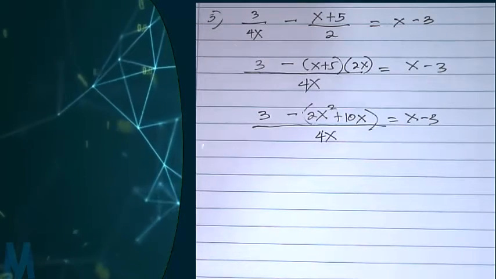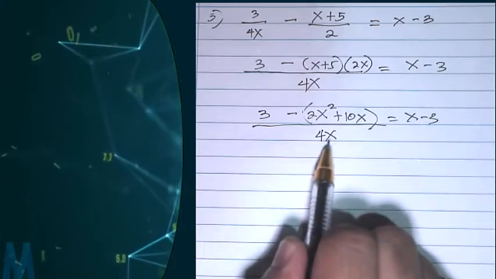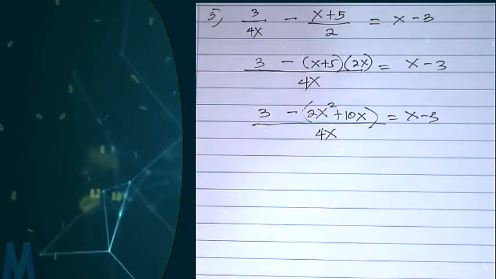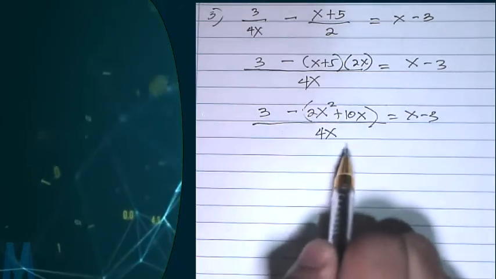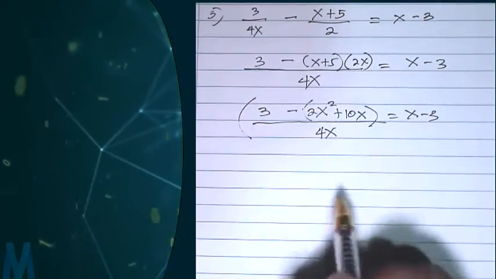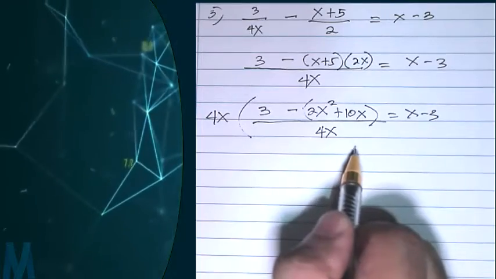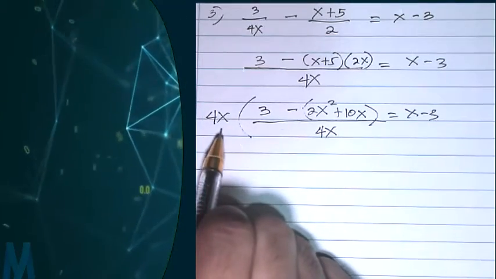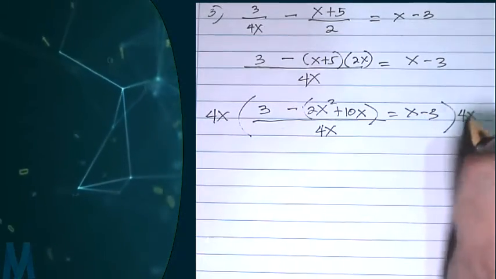And we are going to get rid of the denominator 4x. So we remove the 4x so that our fraction, our expression, becomes flat. So the 4x in the denominator that you want removed, we're going to multiply it by 4x so that it cancels. If you multiply on the left side, you should also multiply on the right side.